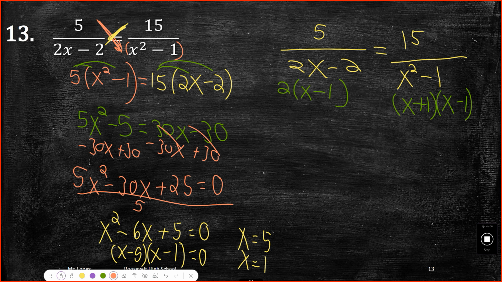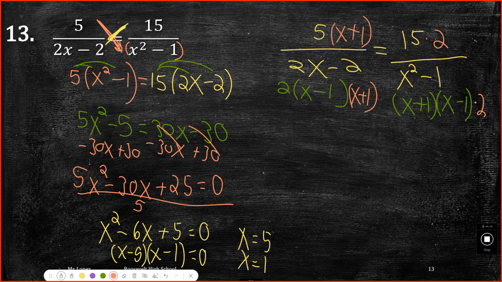Let's match up the common denominator. What is under the first one missing in the second over here? A 2. Now, what's in the second one missing in the first one, in the denominator? X plus 1, isn't it? What you do at the bottom, you do at the top.